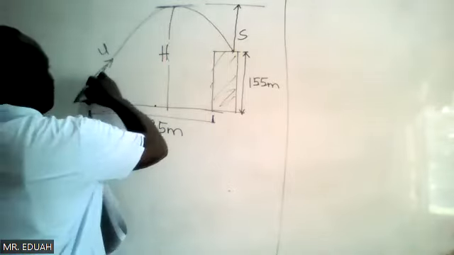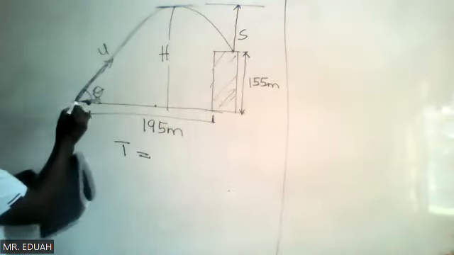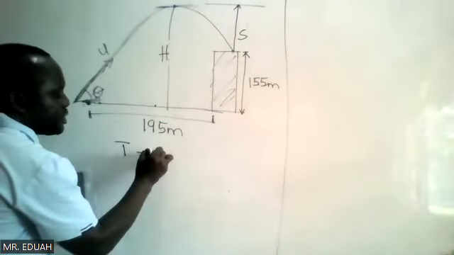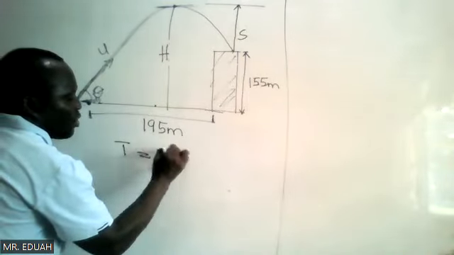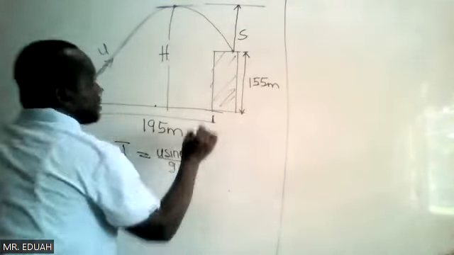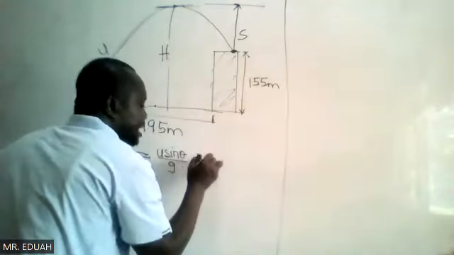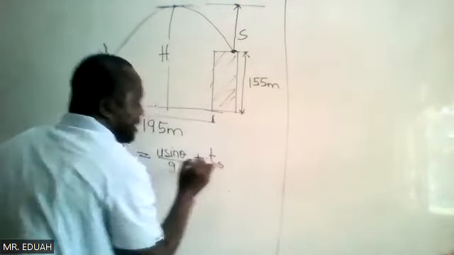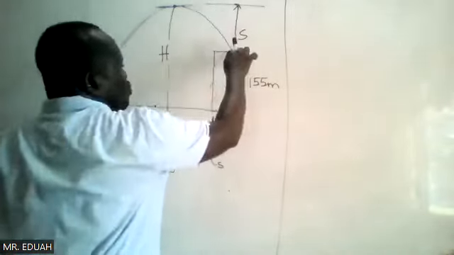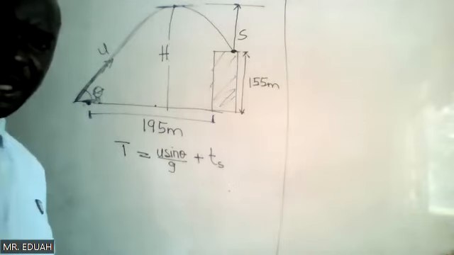From what we have, we could deduce that the time of flight would be equal to the time taken for the body to get to the maximum height, which we can determine using U sine theta on g, plus the time taken to move from the maximum height to the top of the tower, which we don't know, but let's represent that by T subscript S, because we are representing this distance by S. Please, are you with me?